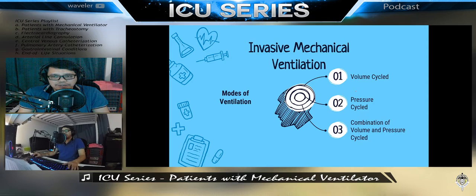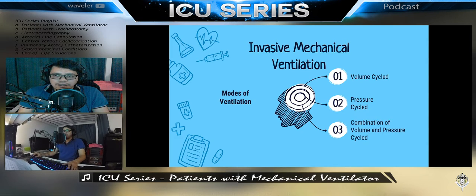However, with different machines, different models, newer machines have more modes that can be set to help the patient breathe. But basically, keep in mind that there's only volume cycled and pressure cycled.